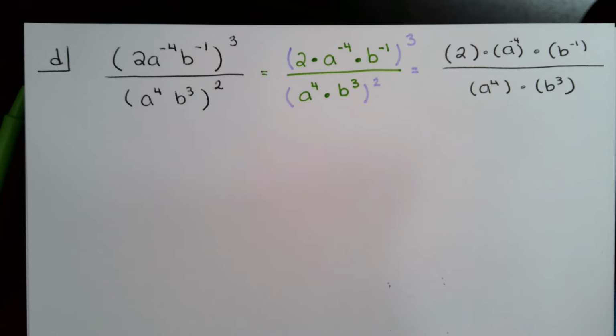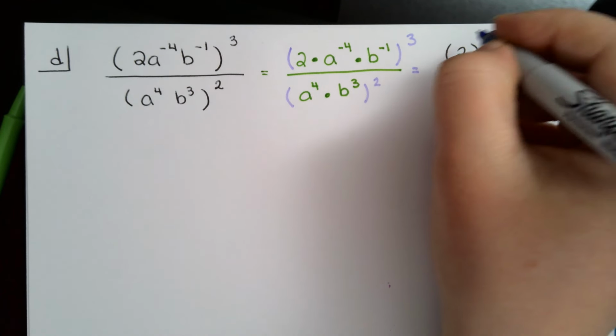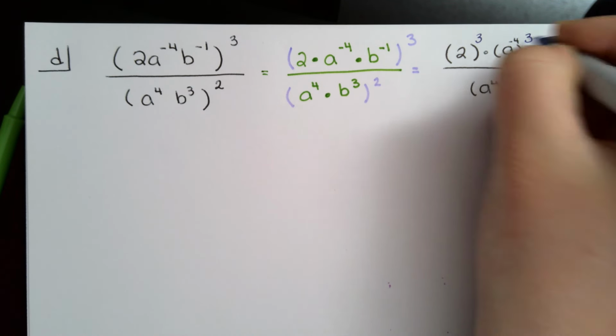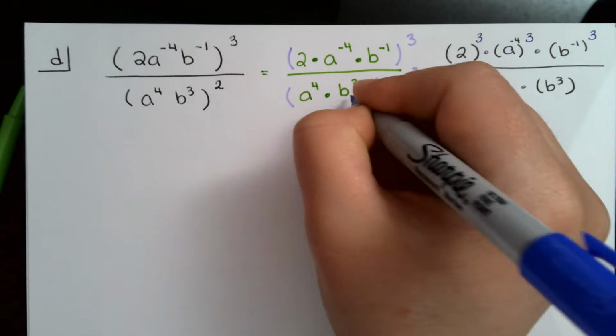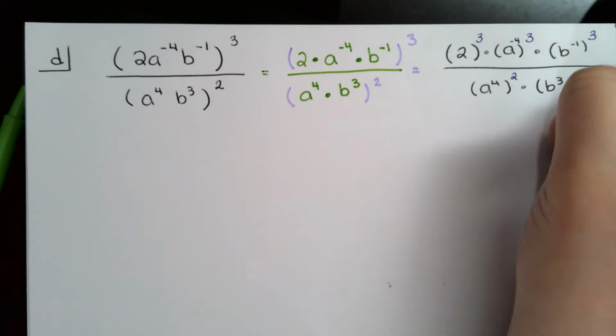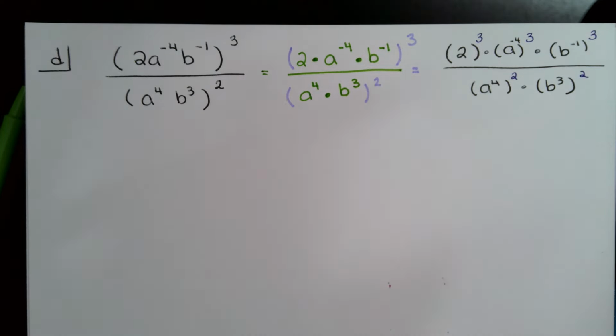Now be careful here because what parentheses they are attached to, what exponent they are attached to, they're different. So for example, our 2, A, B all have an exponent of 3. However, our A, B in the denominator have an exponent of 2. This goes back to our power to a power property.